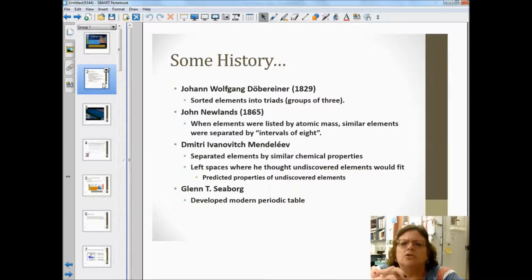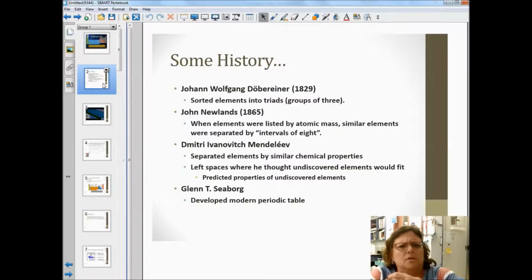Johann Wolfgang Dobereiner, in 1829, sorted the known elements into what he called triads, groups of three. John Newlands, in 1865, noticed that when you listed out the elements by mass, similar elements were separated into intervals of 8.